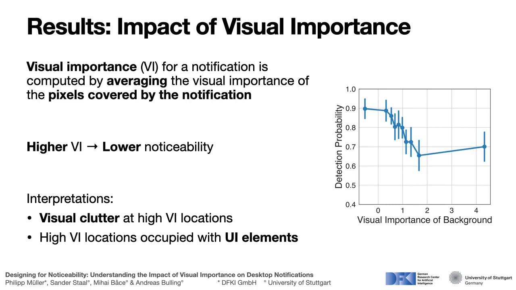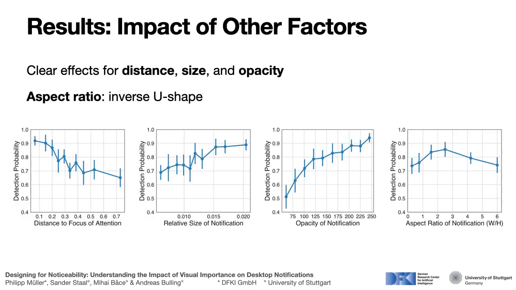A possible higher-level explanation could be that users do not expect notifications to appear at locations that already contain UI elements like application windows or opened websites. Such UI elements often get assigned a high visual importance, leading to the inverse connection between visual importance and noticeability.